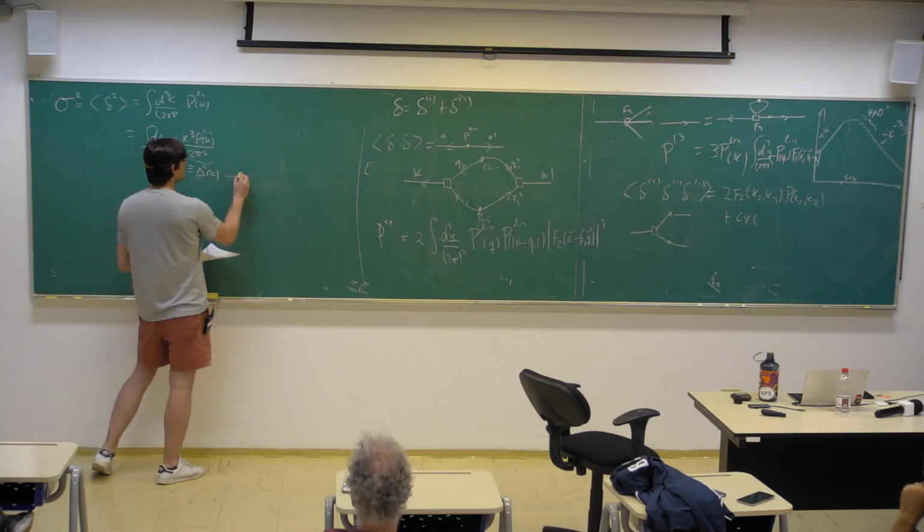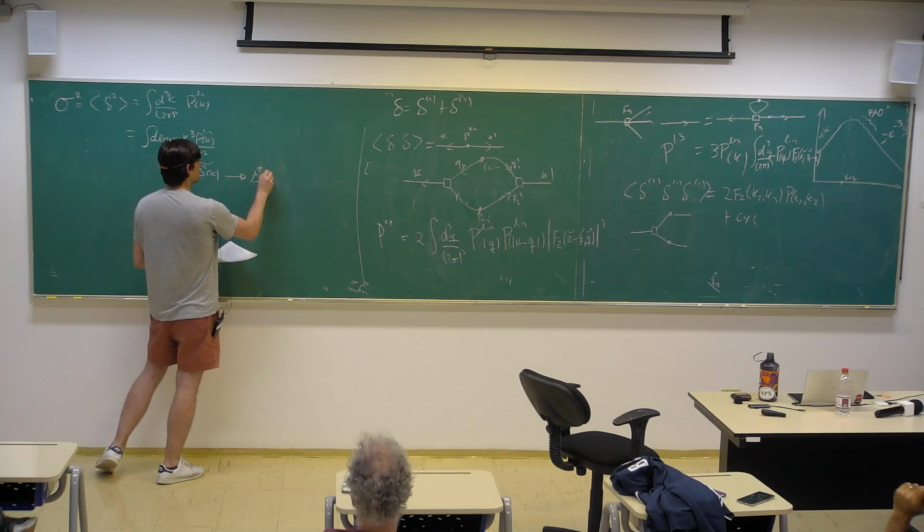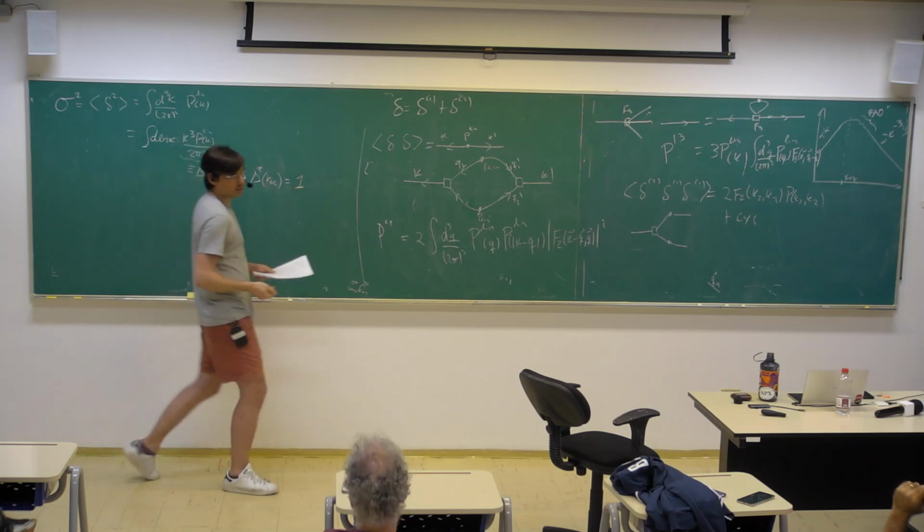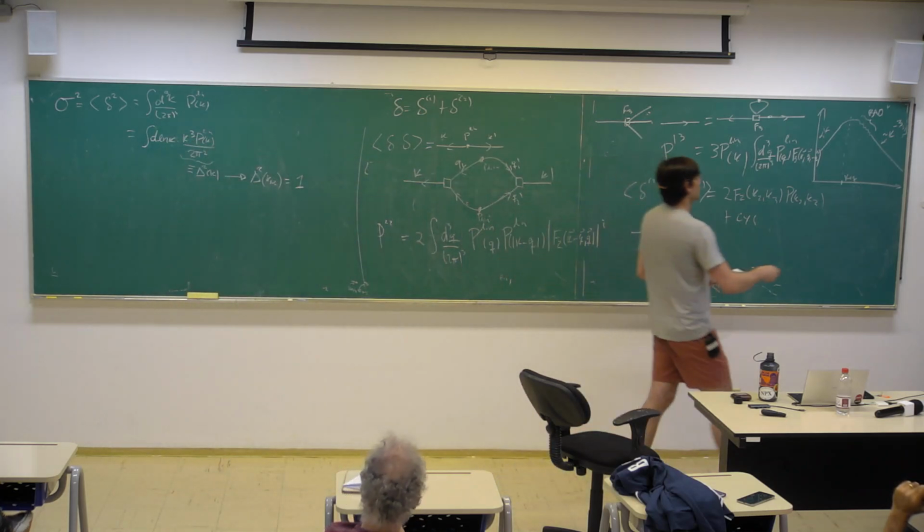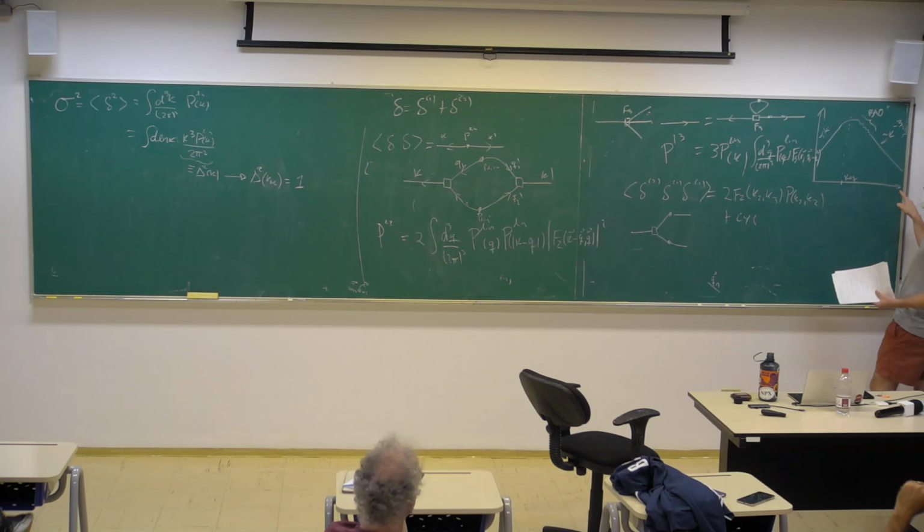So this lets us define the nonlinear scale in the problem, k nonlinear, to be when this function crosses 1. Specifically, this is a k such that if you multiply this function by k cubed, when it crosses 1, it kind of flattens out, it actually grows logarithmically at high k, because this is actually log squared of k.